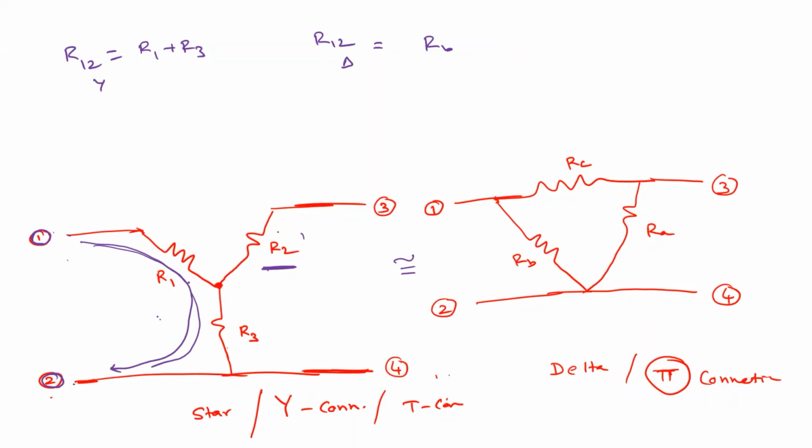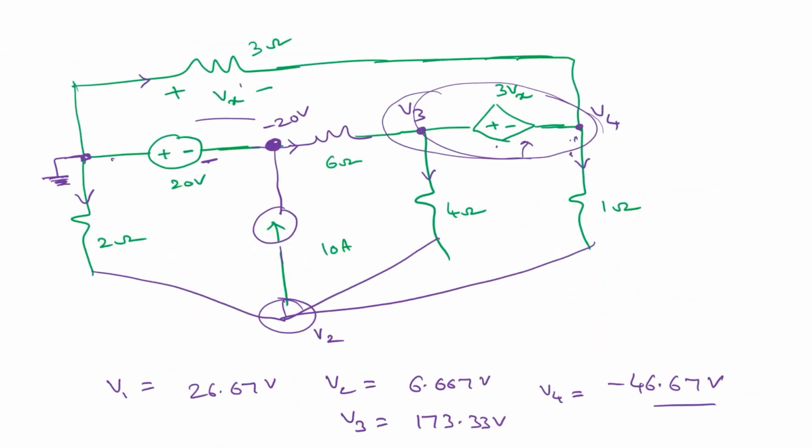So this R3 is not connected, and we are finding the open circuit resistances. Only R1 and R2 are connected, so obviously this is a series connection, right? I will draw it more clearly for your information.